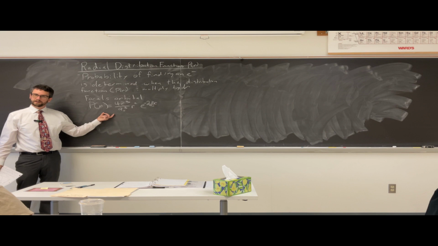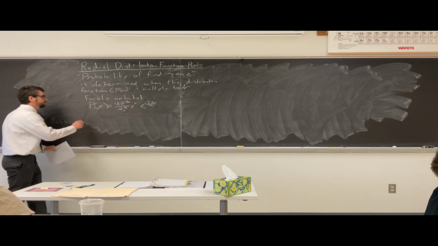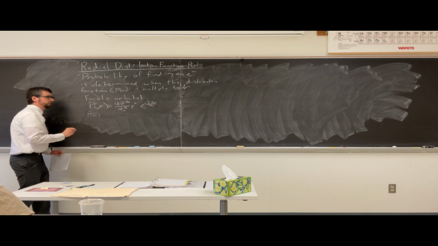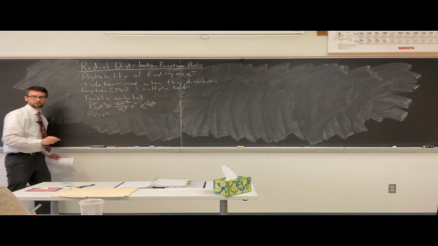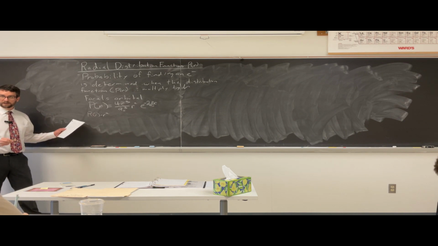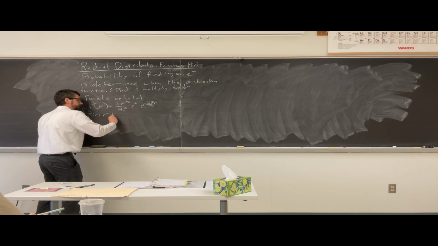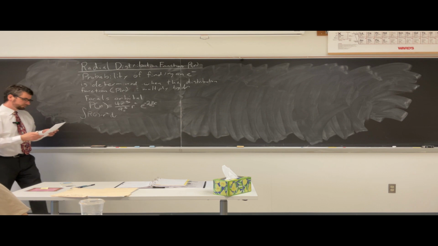So all this really is, if you're thinking about R times R squared, if we wanted to get the probability of finding that function, we would do that, right? So that's what it's related to.